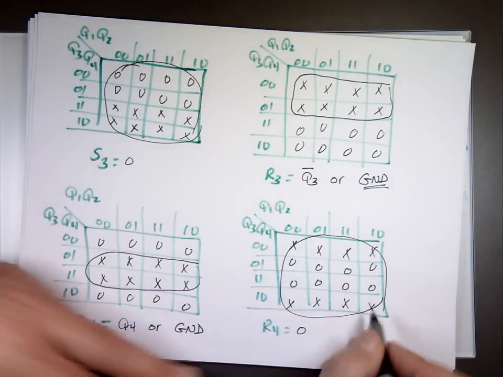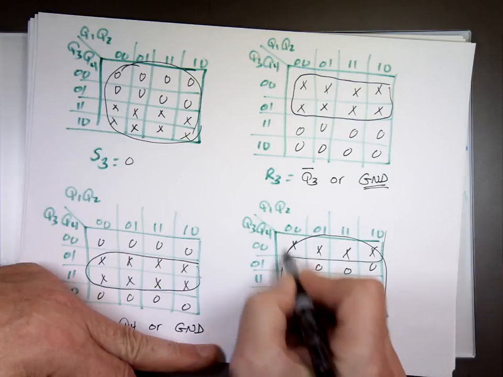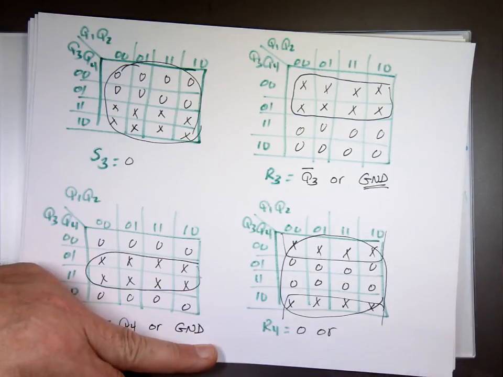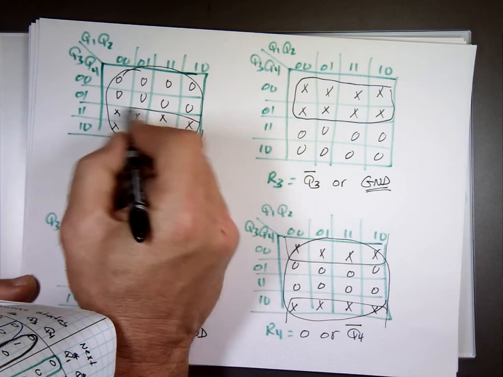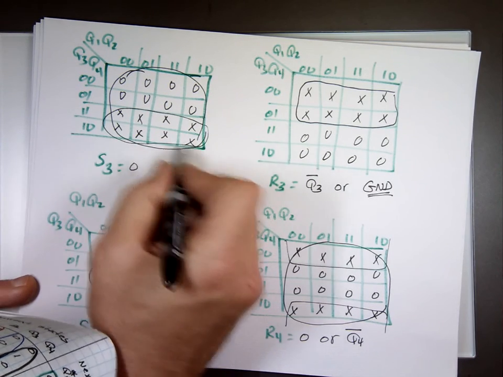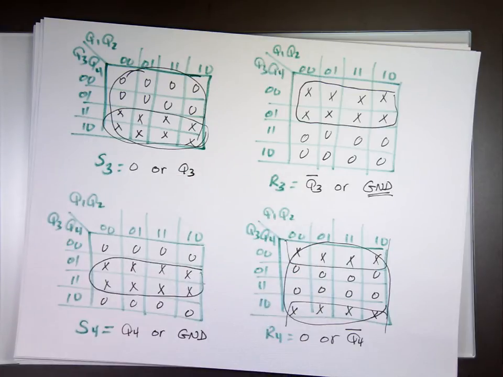Because if you take these 4 with these 4, you'll be attaching it where? To Q4 knot. And this one, if you don't want to attach it to ground, if it's too far from you, you can take these guys or Q3. So you can do either one for all these 4.